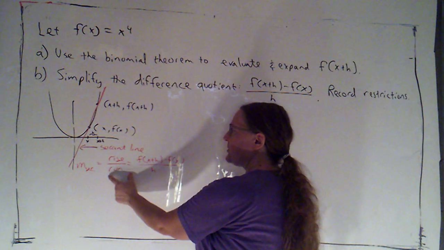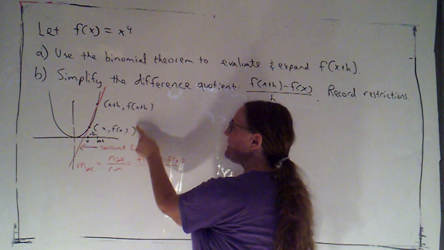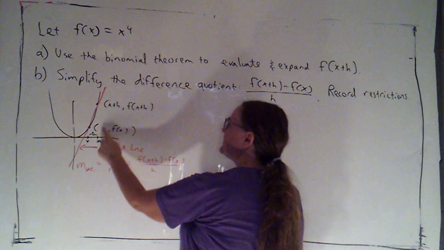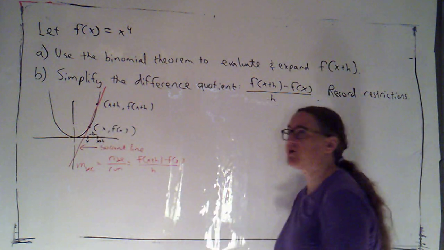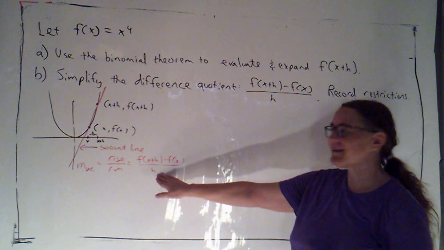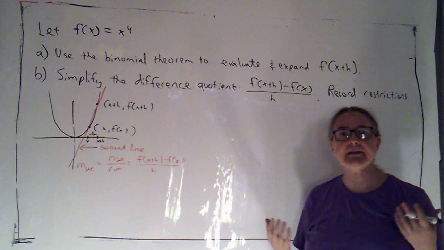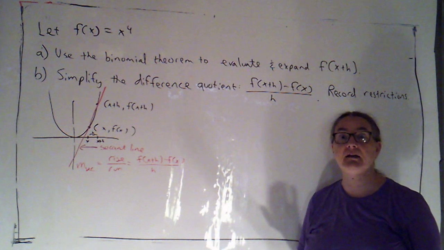Slope is just rise over run. The difference in the y values is f of x plus h minus f of x. And the difference in the x values, x plus h minus x, would simplify just to h. So anytime we're simplifying this difference quotient, we're really simplifying the slope of a line.